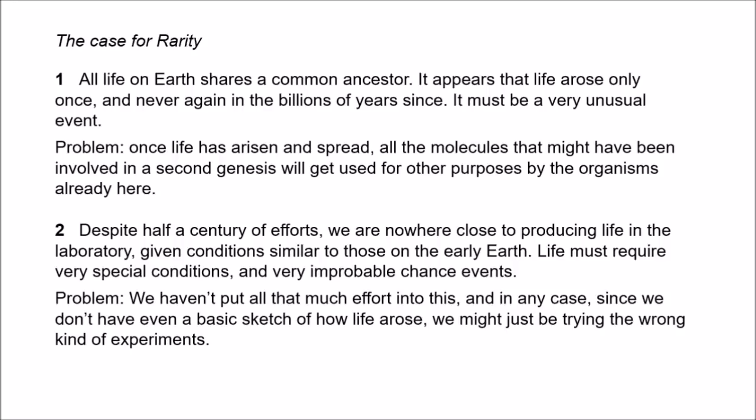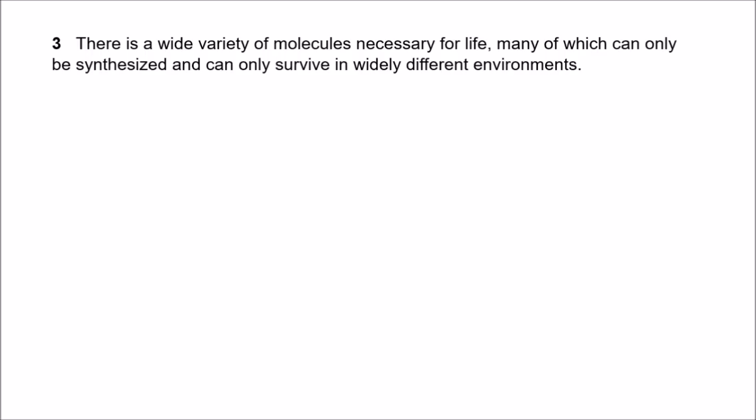One of the major objections to inevitability is that there are a wide variety of molecules that seem to be necessary for even basic life, many of which can only be synthesized and can only survive for a long time in wildly different environments that are not likely to have occurred together. Simon Conway Morris, in his book Life's Solution, chapter 4, has a really nice discussion of this point.